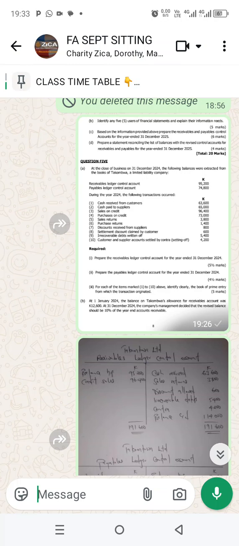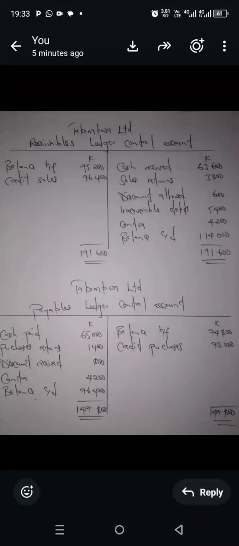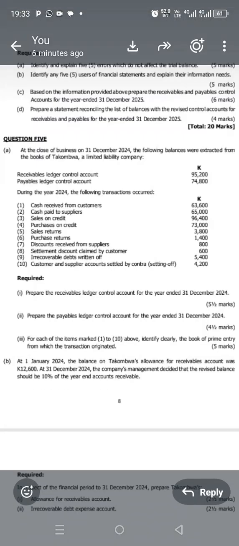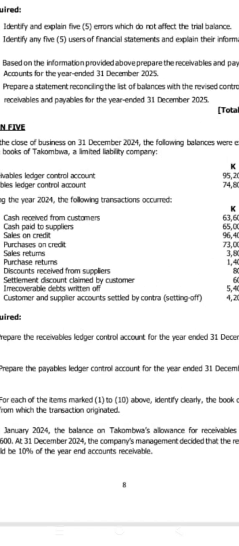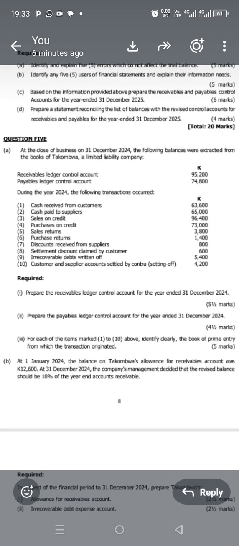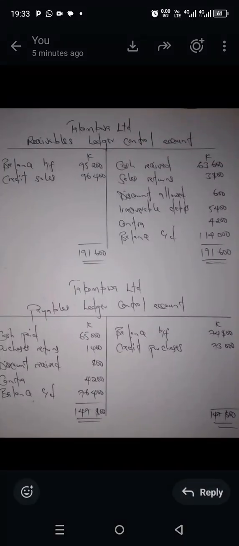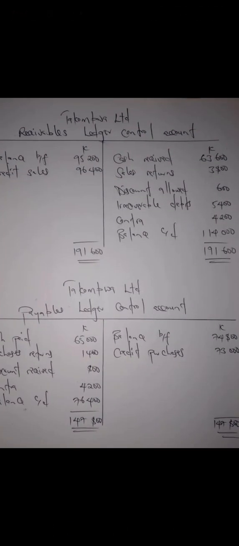As you can see here, the name of this company is Takombwa, a limited liability company. So we need to indicate the name of the company here. We say Takombwa Limited Receivable Ledger Control Account.